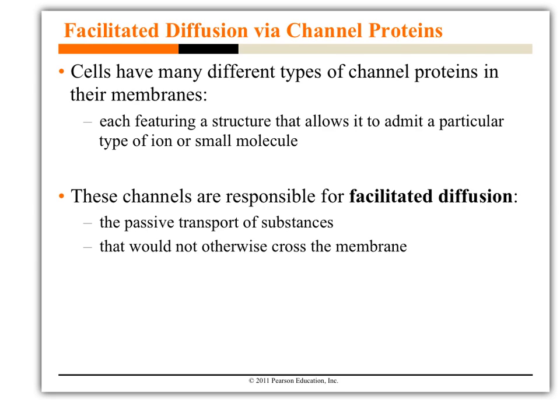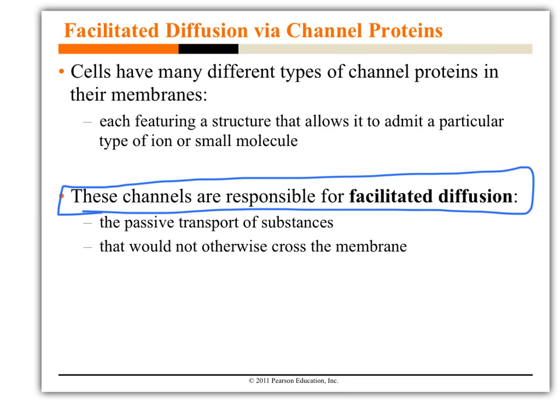Like I said, there's a different one for every single type, and these channels do facilitated diffusion. Anytime diffusion is helped or facilitated, right? What does the word facilitated mean? What's our PLF? Peer Learning Facilitator. Something that helps out. Doesn't do the job for you, but it helps diffusion. Diffusion is going to happen because it's high to low.